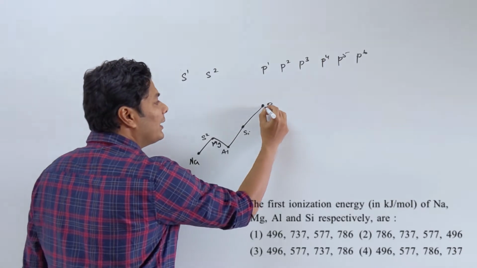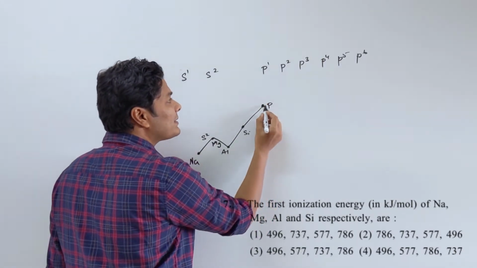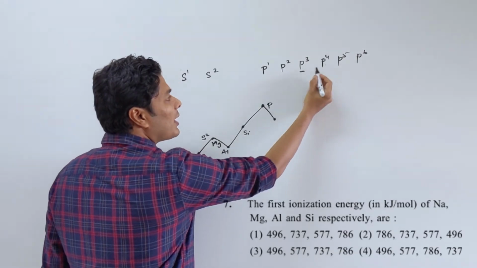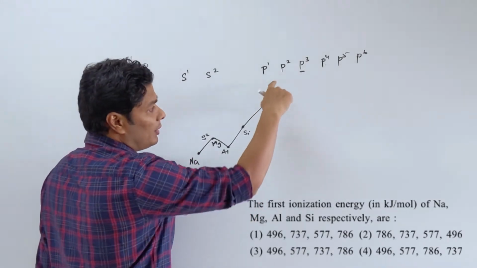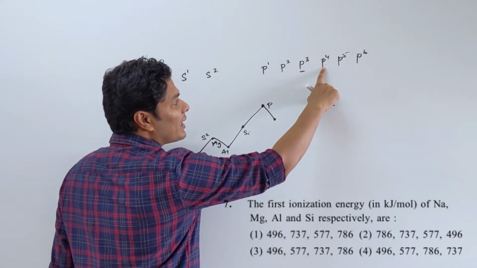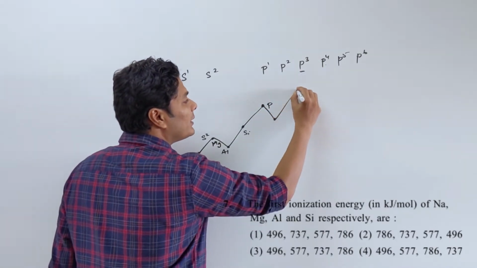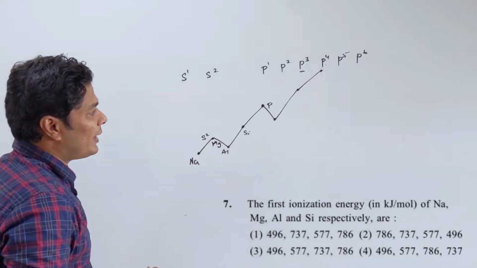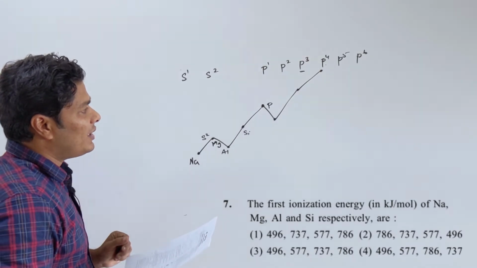Then phosphorus. Then oxygen group is lower because this is half filled, harder to remove. This is one electron extra than half filled, so I can easily remove. So it's lower than your nitrogen, than your inert gas. So this is the profile that you have for ionization energy along any period.